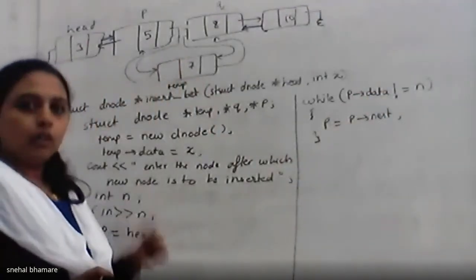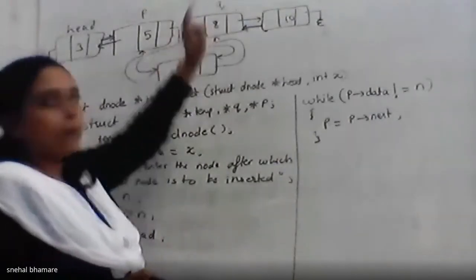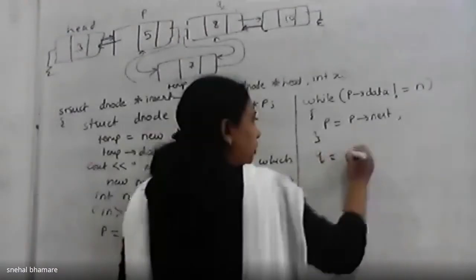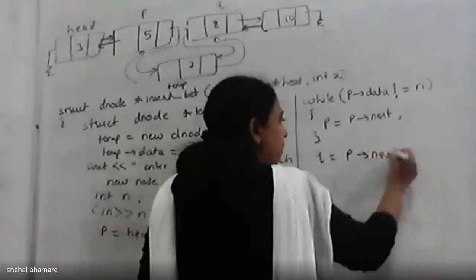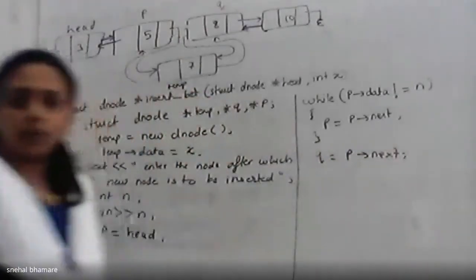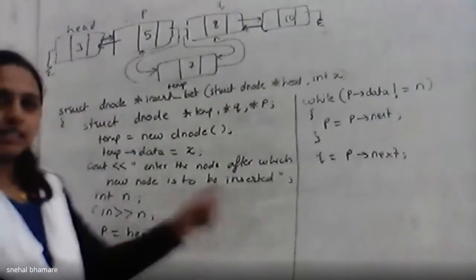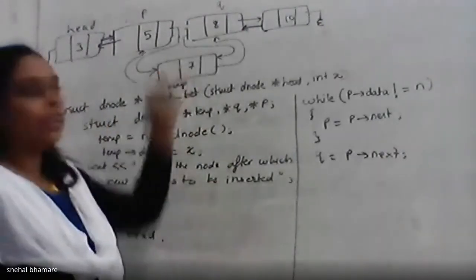Now, we have to point its next node by q, right? It's very simple. Q is equals to p next. Okay. Once this is done, now we have to just give the links of this node.